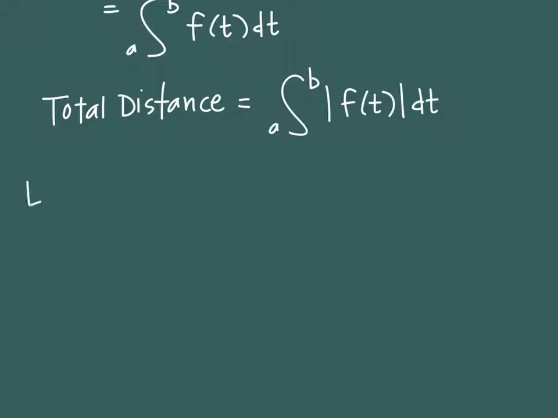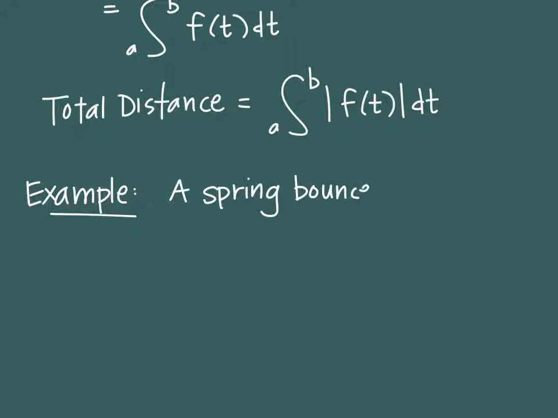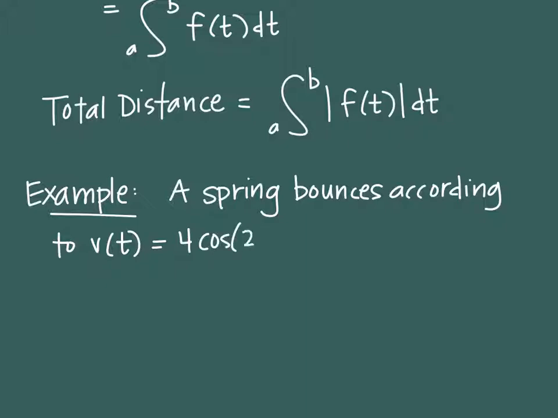All right, so let's talk about a spring that's bouncing and moving. We've done that before. And springs follow trig models. A spring is bouncing according to the function with velocity 4 cos 2t, and the time interval is between 0 and pi.